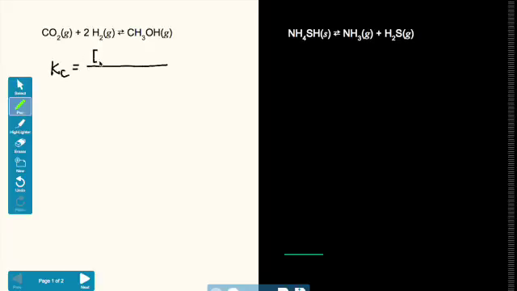It is CH3OH. And for reactants, we have CO2 and H2, hydrogen gas. And because there are 2 moles of hydrogen gas, we need to raise the concentration of H2 to the second power. And that is the expression for this one.